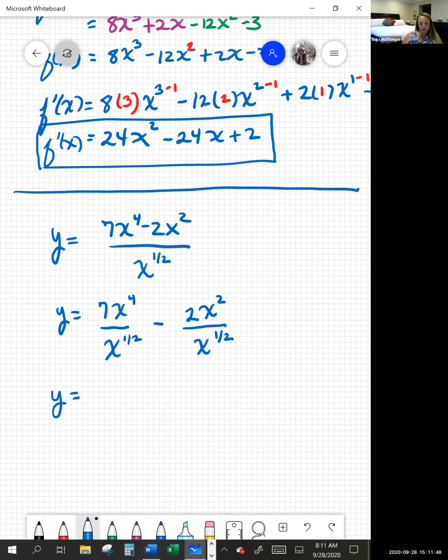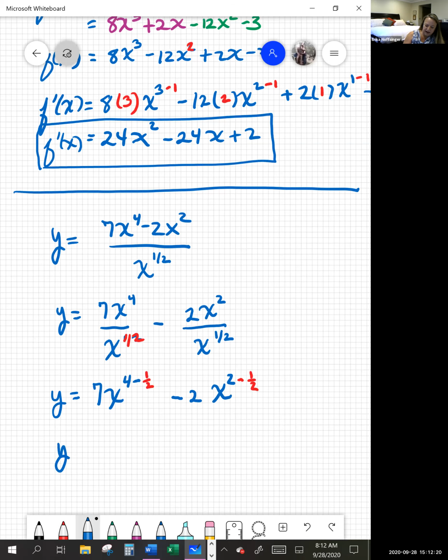So now we're going to use the rules of exponents that say if you're dividing the same base, we can subtract the exponents. So we have 7x to the exponent of 4 minus the exponent in the denominator of 1/2. And then same idea for the second fraction. So we have minus 2x squared, and then we're going to subtract the exponent from the bottom, minus 1/2.